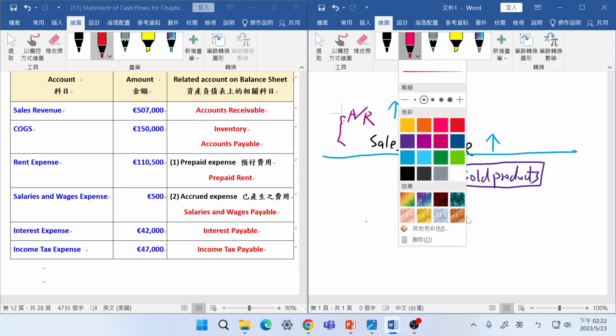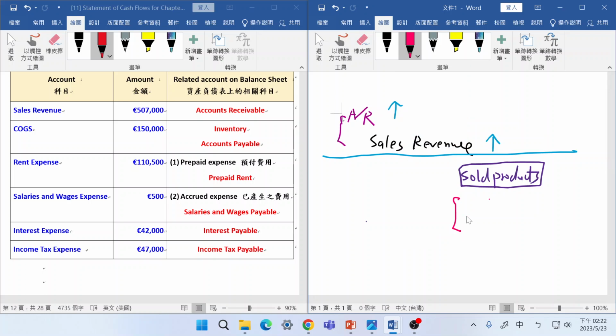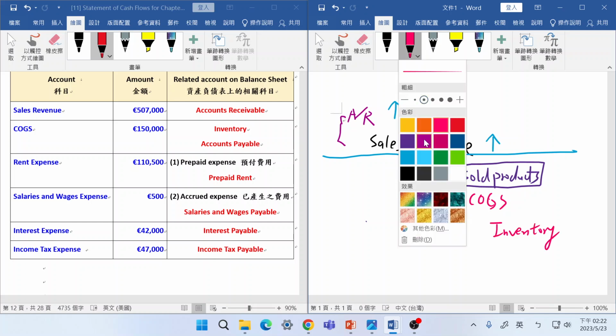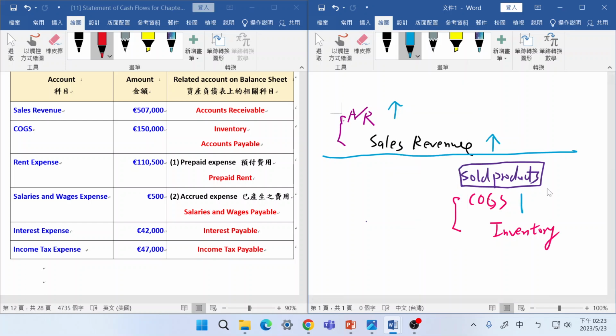At the same time, that means your inventory decreases. I sold the product, my inventory decreases. So that's why you have cost of goods sold expenses incurred, and your inventory decreases as well. Okay?